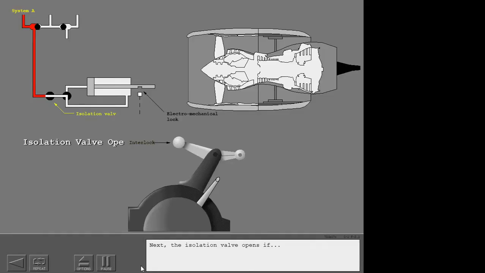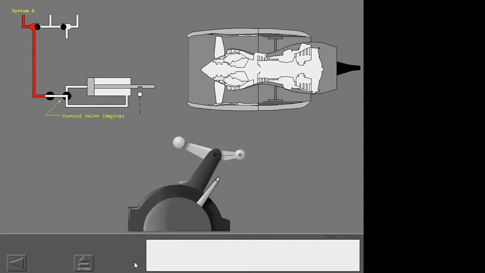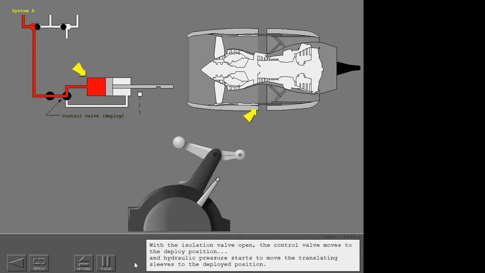Next, the isolation valve opens if the air-ground sensor is in the ground mode or a radio altimeter shows altitude of less than 10 feet. With the isolation valve open, the control valve moves to the deploy position. And hydraulic pressure starts to move the translating sleeves to the deployed position.